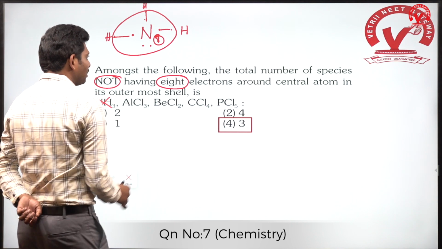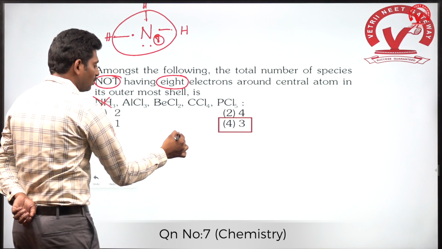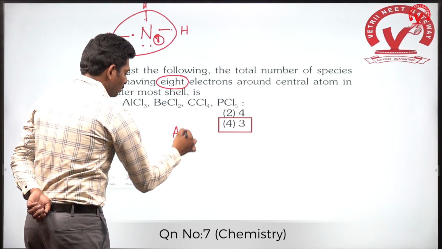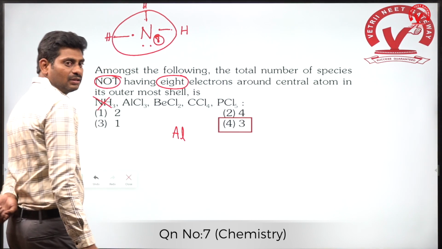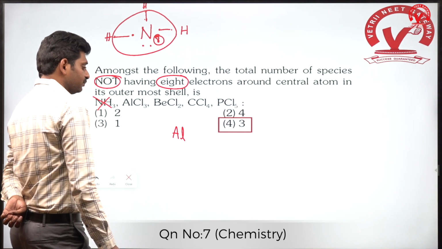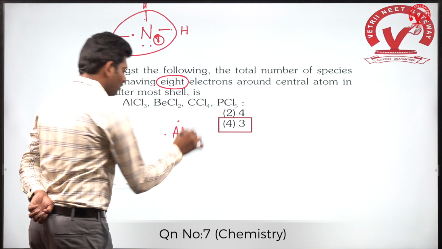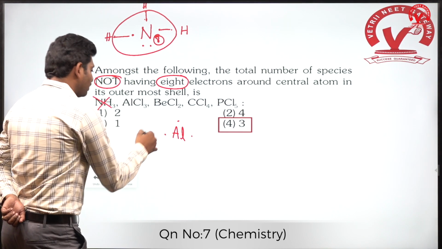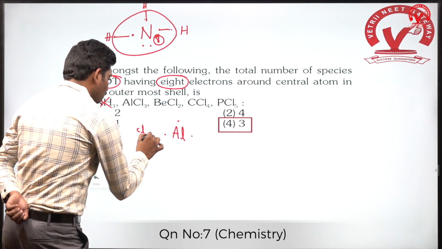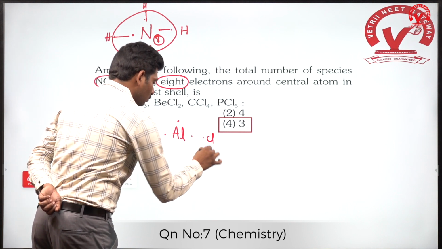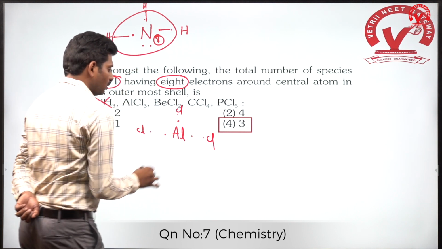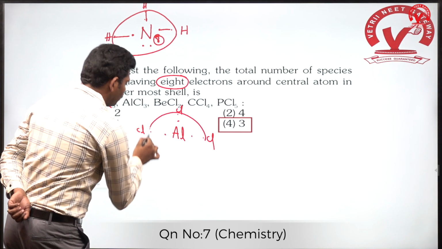Coming to AlCl3, aluminum chloride. Aluminum is in group 3A, so aluminum valence is 3. It is surrounded by 3 chlorines, 1, 2 and 3, mutually shared like this.